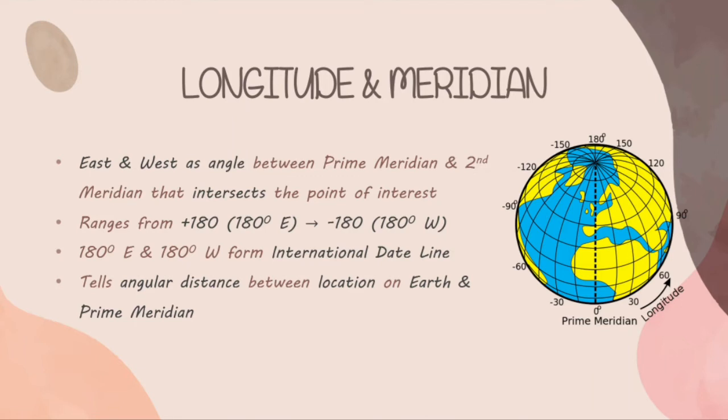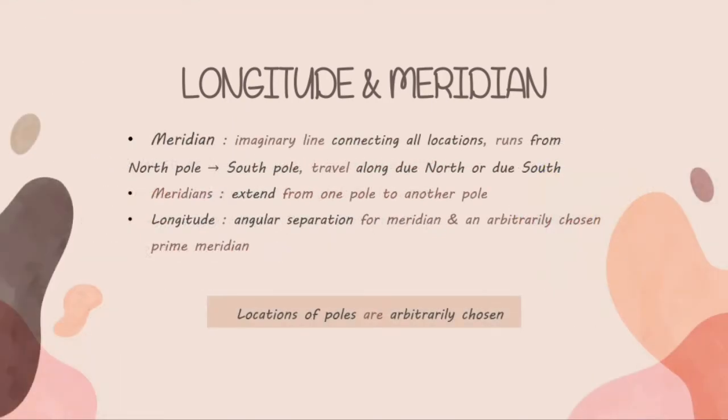Basically, longitude is a number that tells you the angular distance between a location on the Earth and the prime meridian. Next, a meridian is an imaginary line that connects all the locations that have a certain longitude. Meridians run from the North Pole to the South Pole, and the only directions you can travel along the line are due north or due south.